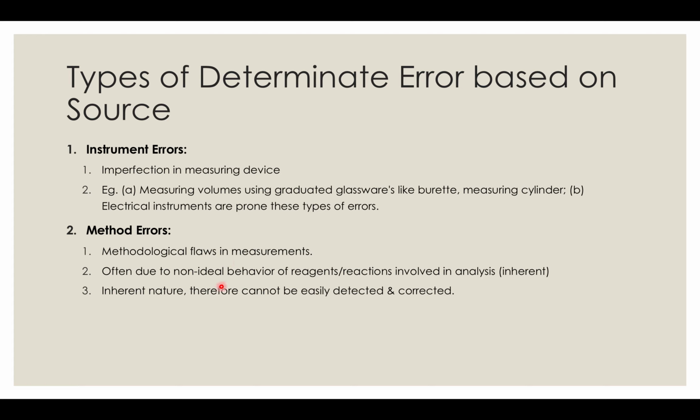Though we know the error is coming from the method, we cannot pinpoint exactly where it comes from. Since it is the behavior of the reactant or the reaction that leads to this kind of error, we cannot remove it, because it is their natural tendency.